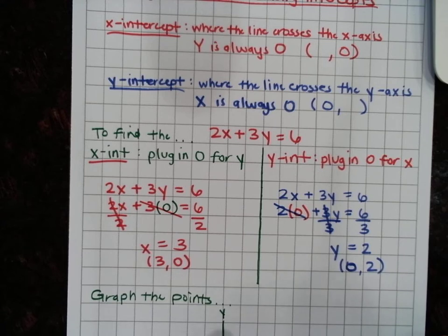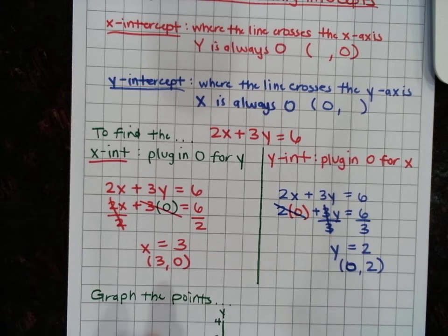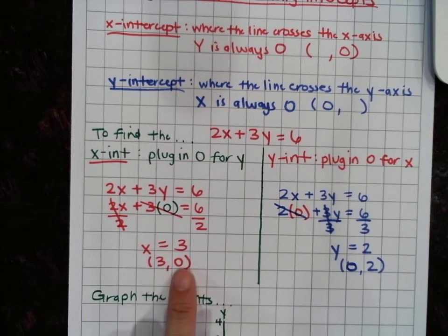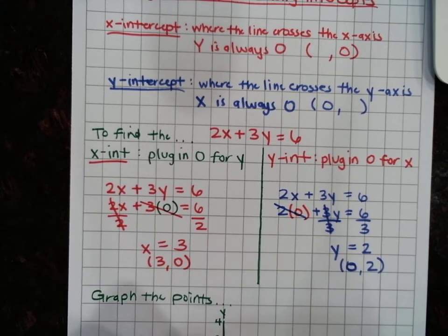So we have 1, 2, 3, 4. Again, you'll have your graphs on your assignments. You just have to sketch it on your notes. So our x-intercept was (3, 0). So we go where x is 3 and y is 0. And then our y-intercept was (0, 2). It crossed right there.